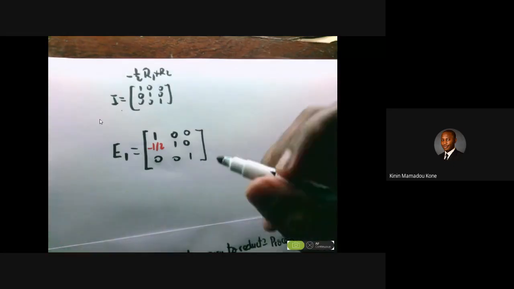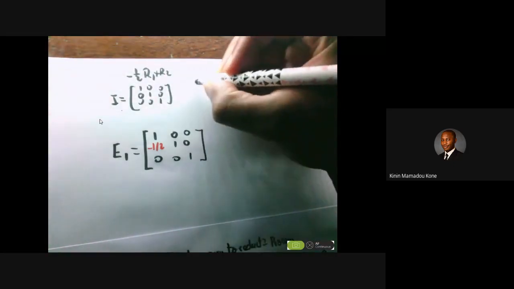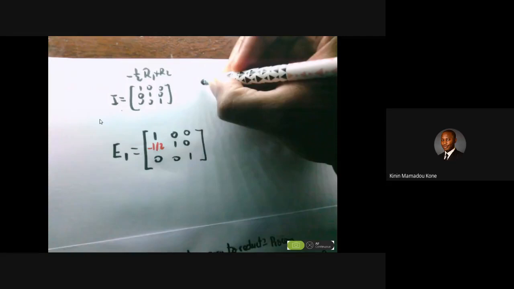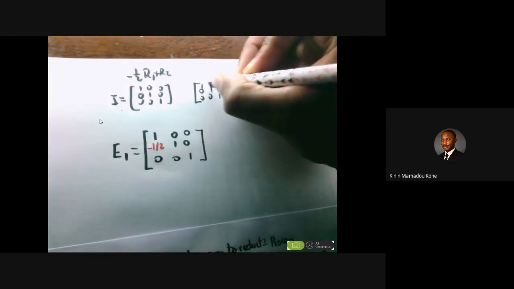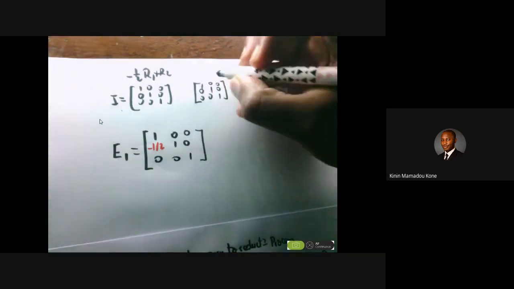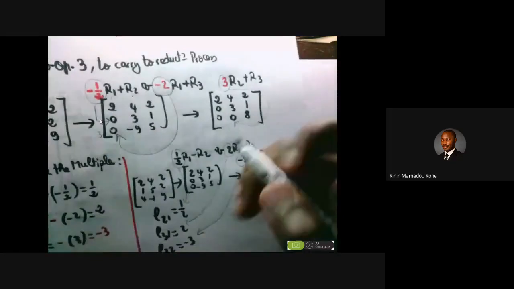Okay. The E2, so the second operation that we applied was to take the identity matrix and apply this operation to it, negative 2 row 1 plus row 3.